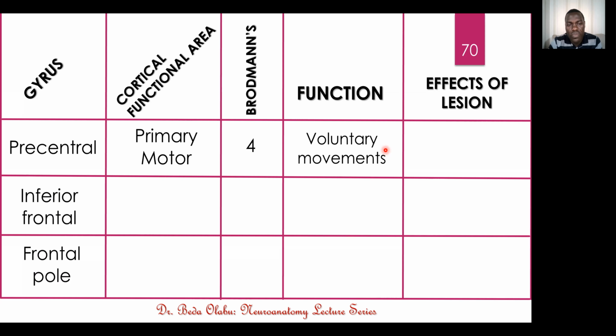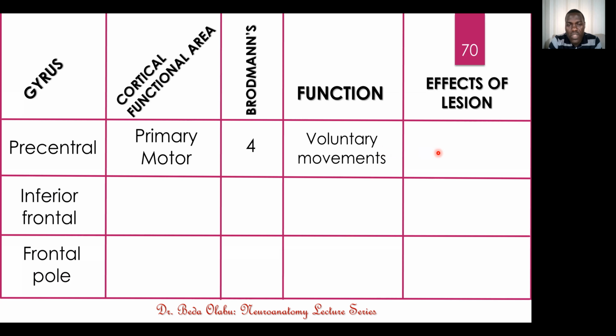Therefore, if the primary motor cortex is injured, someone will be paralyzed. But we know that the right side of the brain controls the left side of the body, and the left side of the brain controls the right side of the body. You have the right and the left precentral gyri.